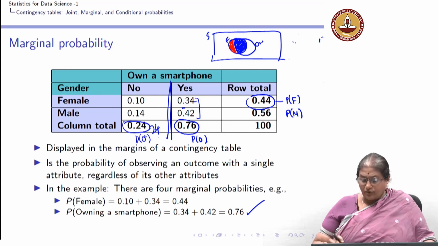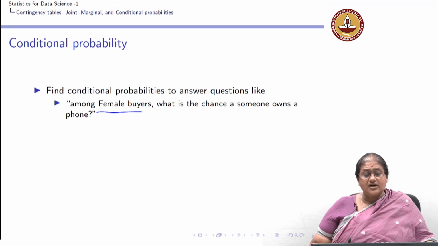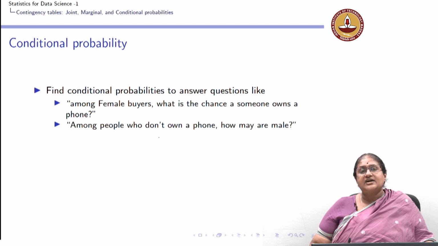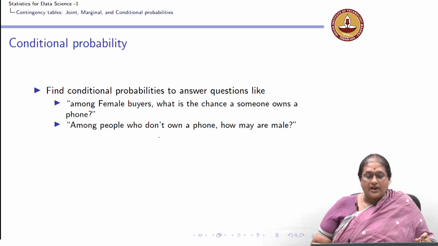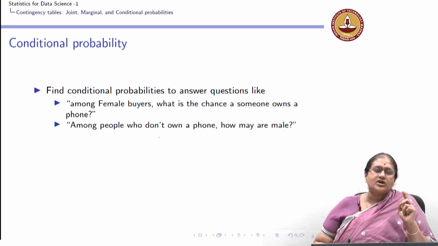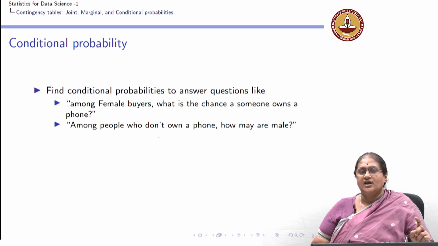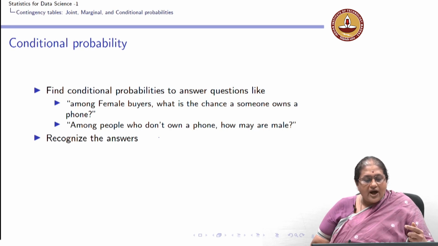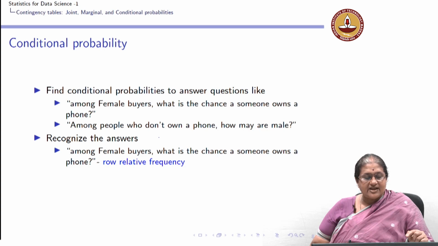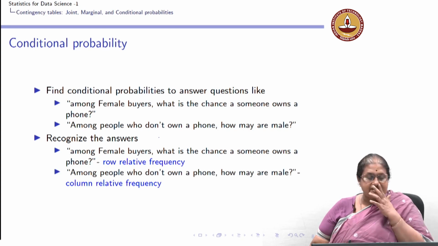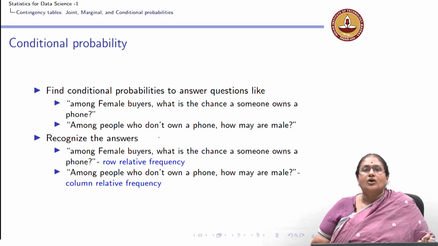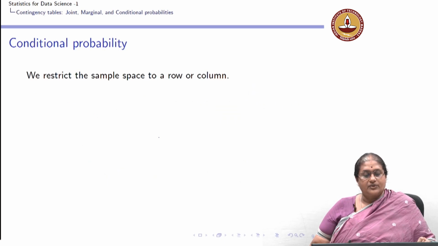I am interested in knowing what is the chance that I have a male, or how many are male. Remember, we introduced the concept of row relative and column relative frequency when we discussed the contingency table. To answer the first question, I am looking at a row relative frequency, whereas to answer the second question, I am looking at a column relative frequency.